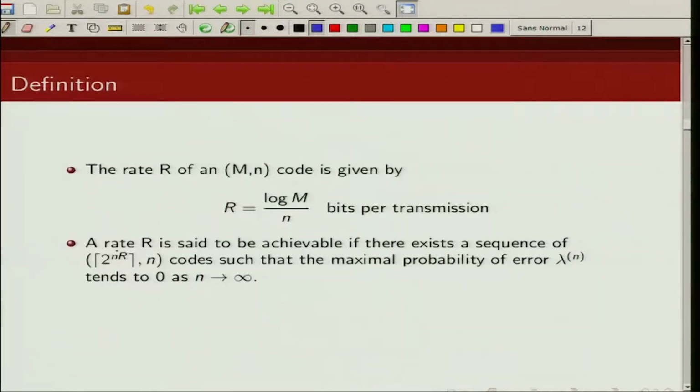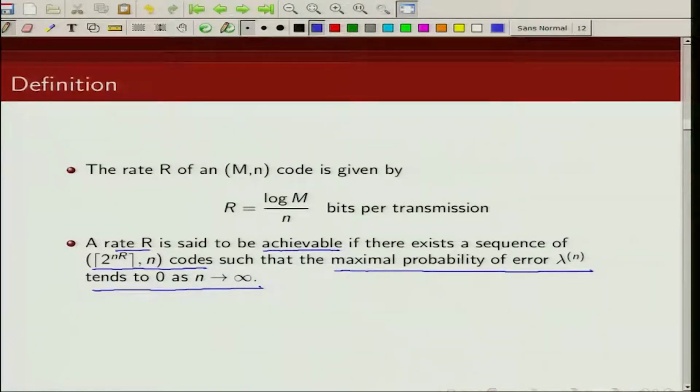Now we say a rate R is achievable if there exists a sequence of codes with parameter M given by the ceiling of 2 raised to the power nR, and of length n, such that the maximal probability of error goes to 0 as n goes to infinity.